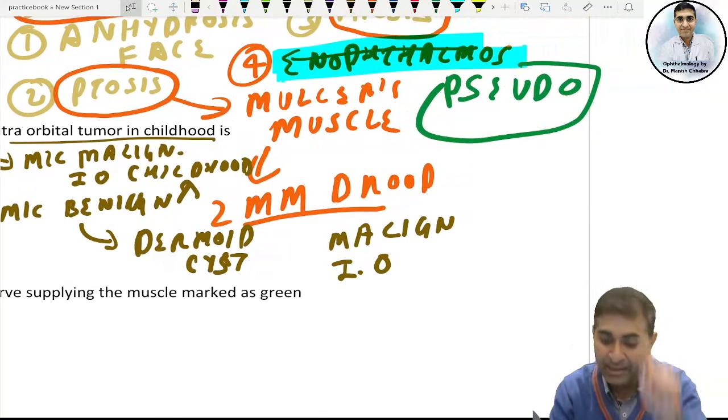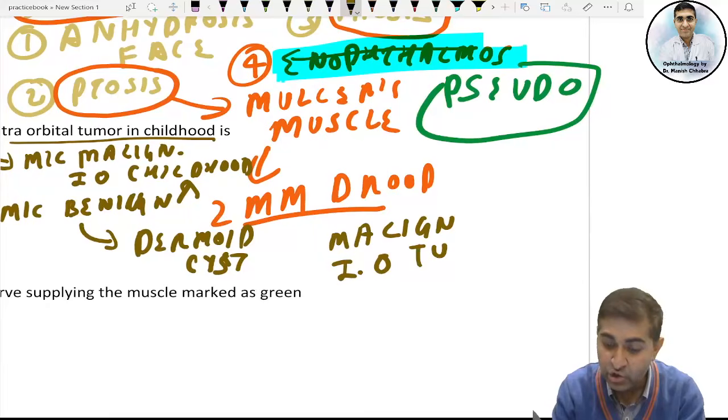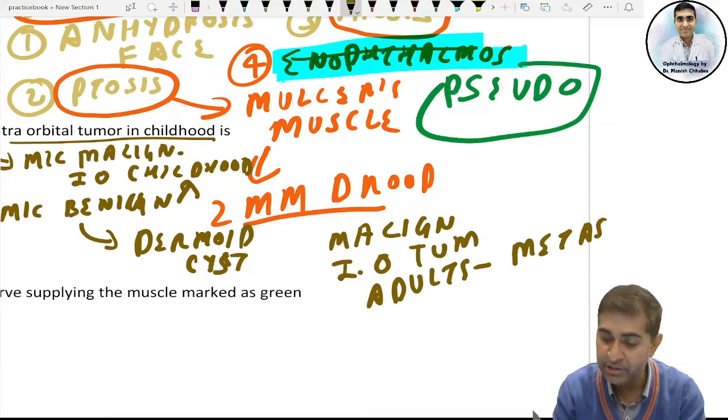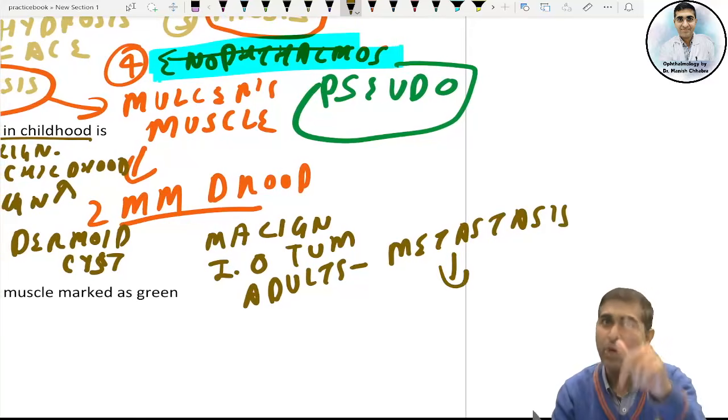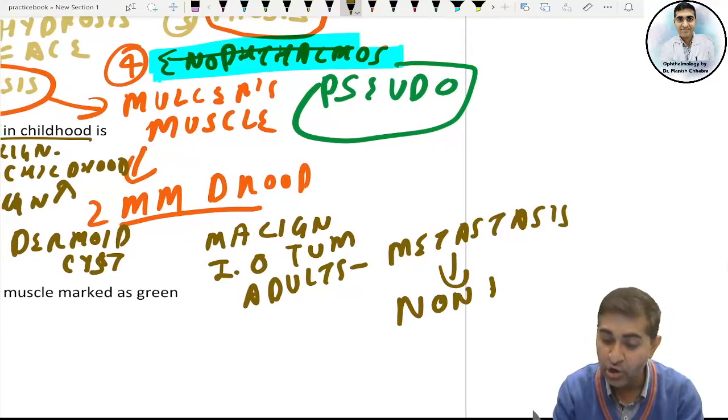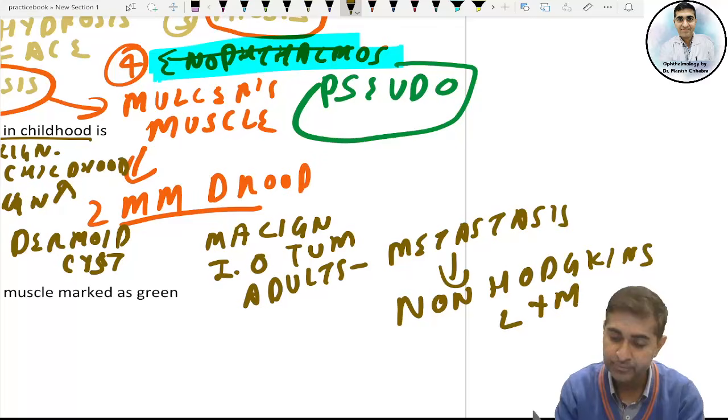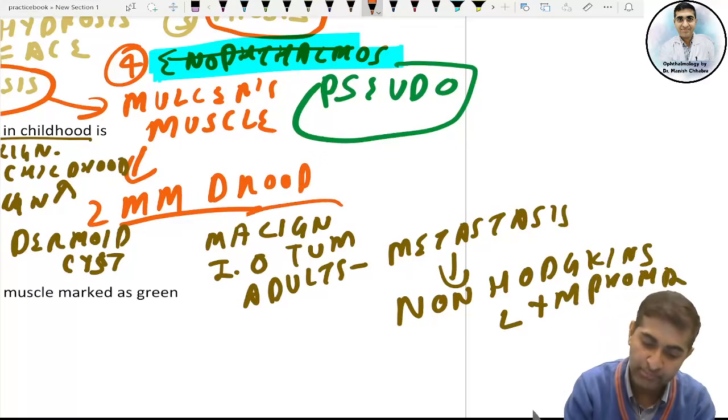Malignant, most common intraorbital tumor in adults is metastasis in the orbit. Orbital metastasis. And which tumor most commonly metastasizes to the orbit? It is non-Hodgkin's lymphoma.